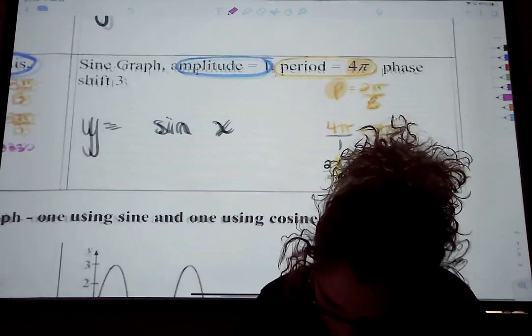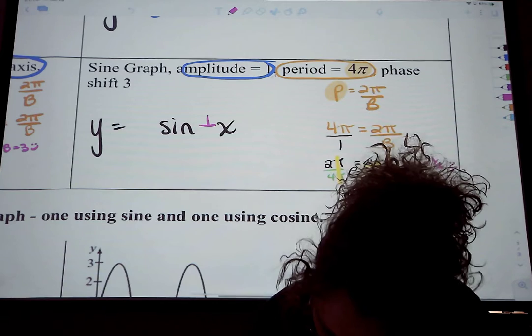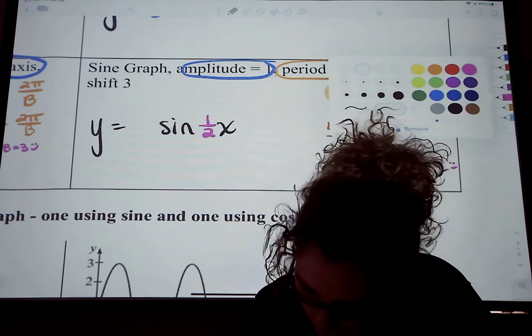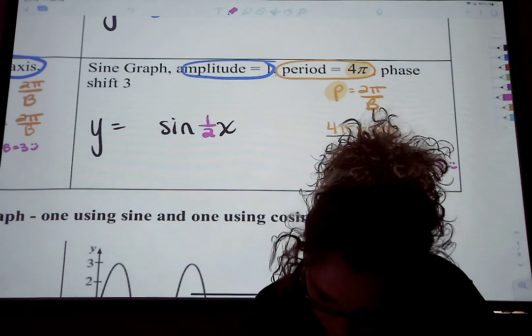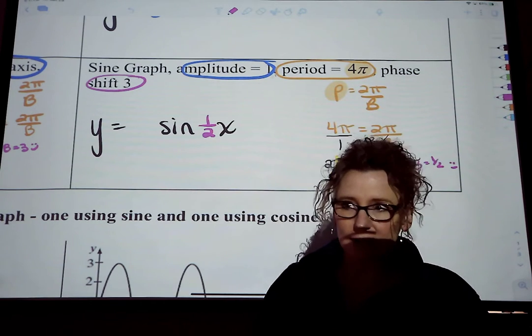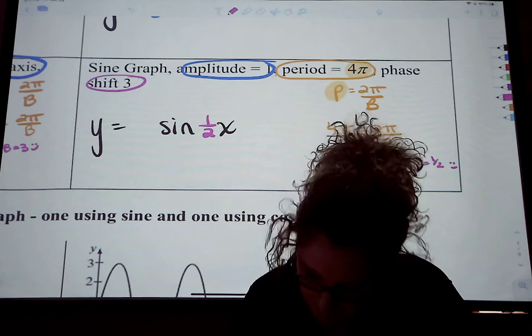Okay, so b, 1/2, goes in front of the x. And we've got a phase shift of 3. Positive direction, 3.